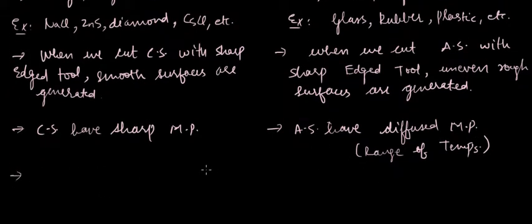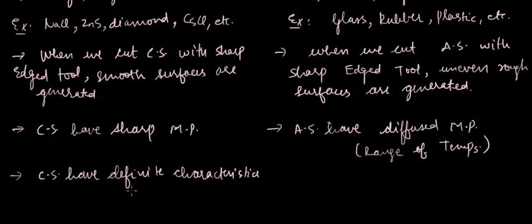Next, crystalline solids have definite characteristic heat, or delta H of fusion, whereas amorphous solids have no definite delta H of fusion.